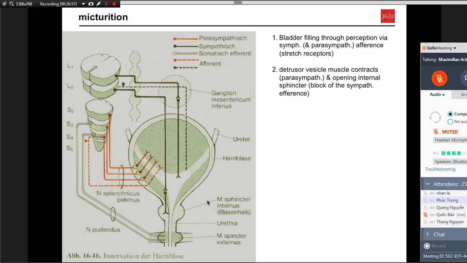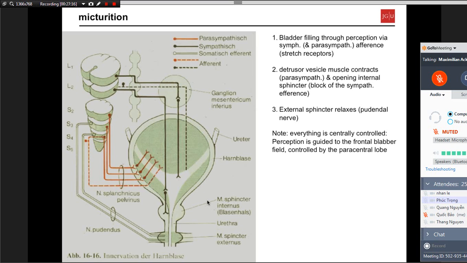Then you have an opening of the sphincter, which blocks the sympathetic afferents. This is the only voluntary reflex. This is the external sphincter, which relaxes via the pudendal nerve. And then you can do the micturition.